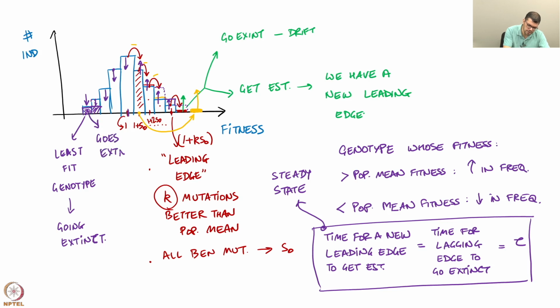So what you should see at this point is that it's as if the entire distribution has been moved forward by one S0 unit. Let's draw this again a little more formally and see what we are trying to say.